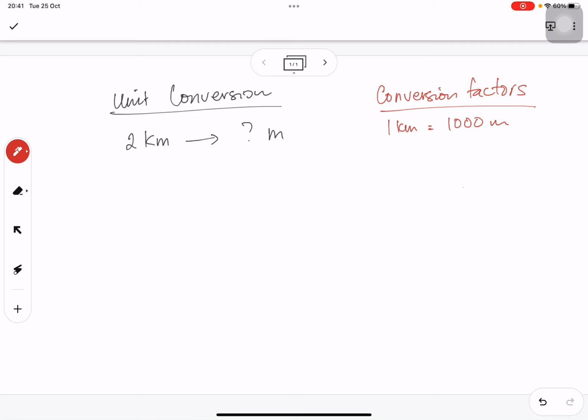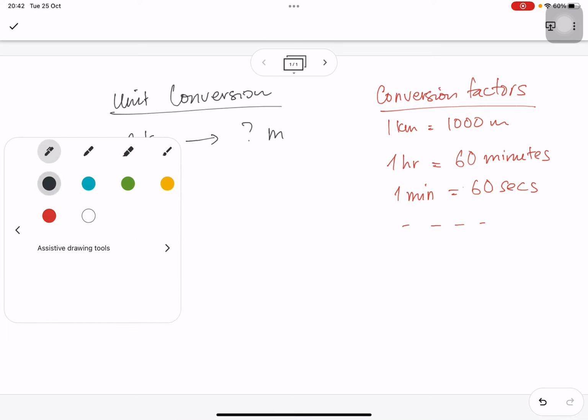An hour has 60 minutes, or a minute has 60 seconds, and so on.